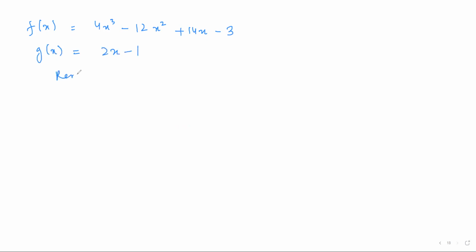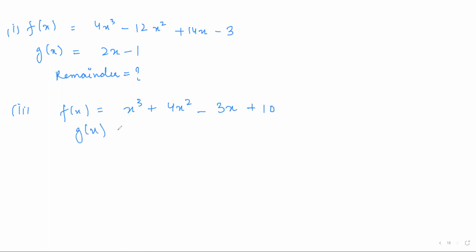So you have to find the remainder. Let me give one more, a simple one. f(x) is x cube plus 4x square minus 3x plus 10, and g(x) is equal to x plus 4.